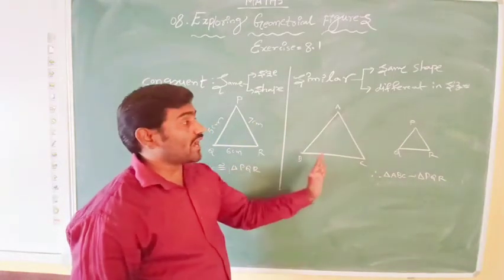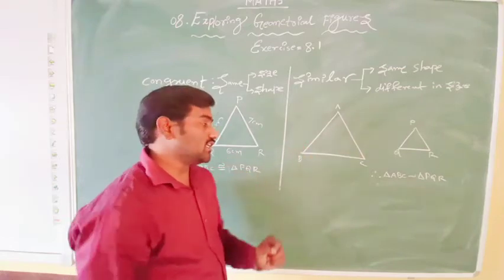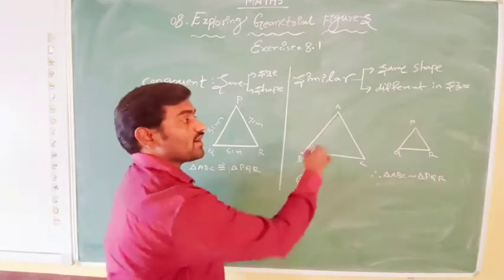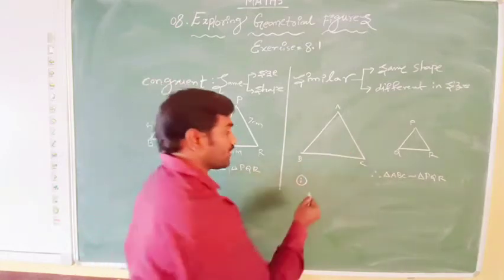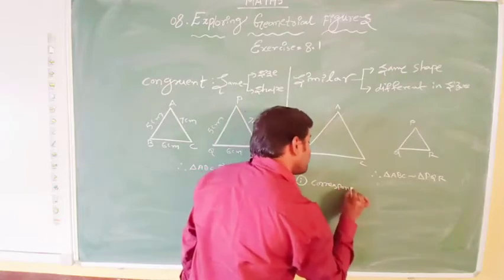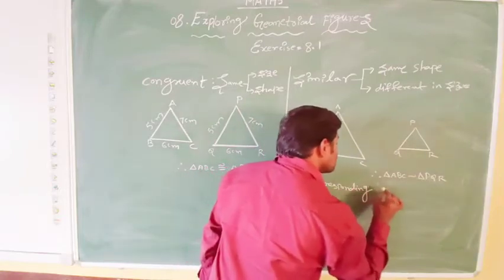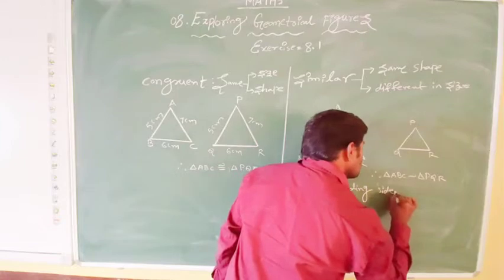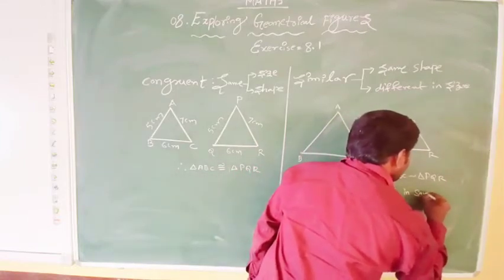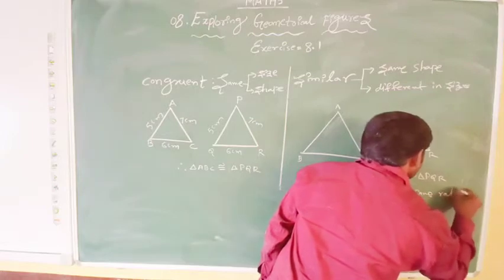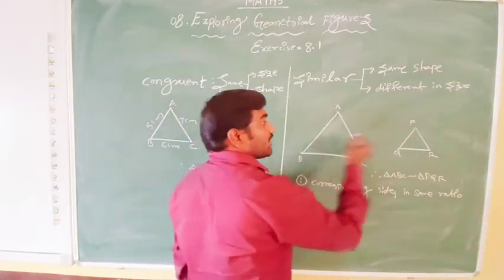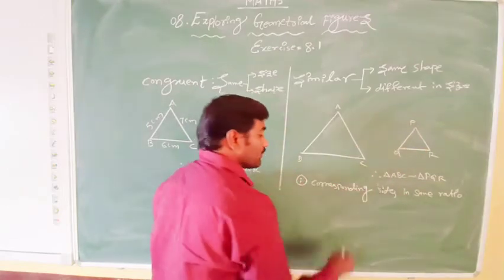If you want to say two triangles are similar, there are two conditions actually. The first condition is that their corresponding sides should be in the same ratio. That means here AB is the corresponding side of PQ.